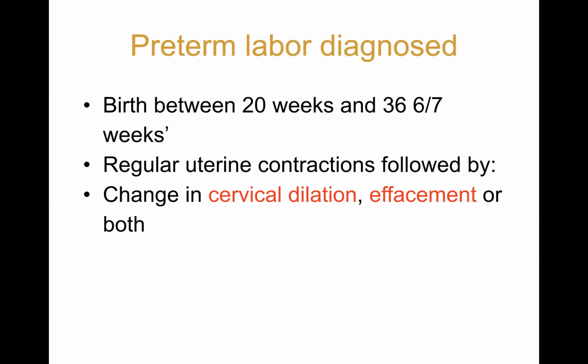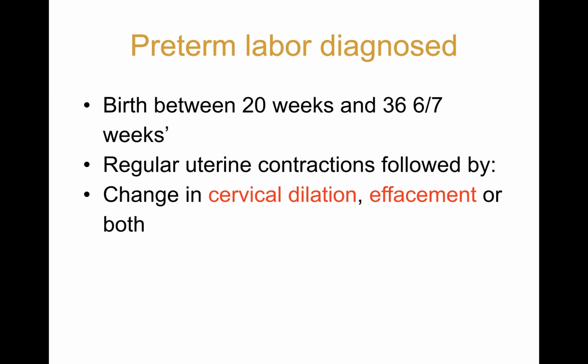So how is preterm labor diagnosed? And I think you kind of had this when you did the GTPAL, remember? So preterm labor is birth between 20 weeks and 36 and 6/7 weeks. Preterm labor is diagnosed by those regular uterine contractions, and I just talked about in the slide prior to that, changes in cervical dilation and effacement or both.